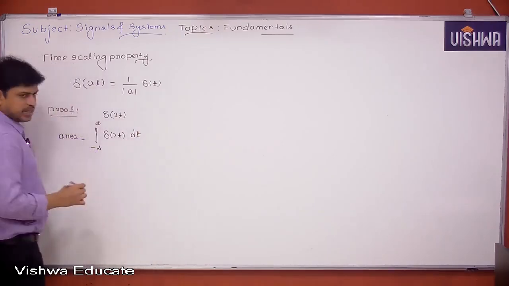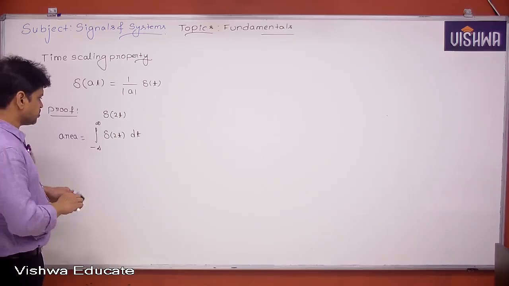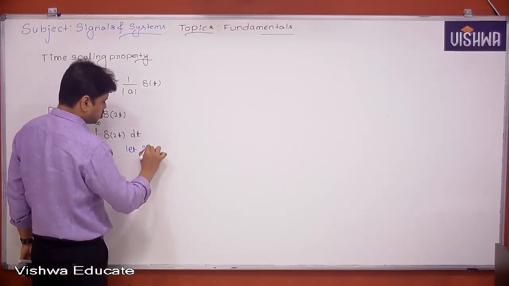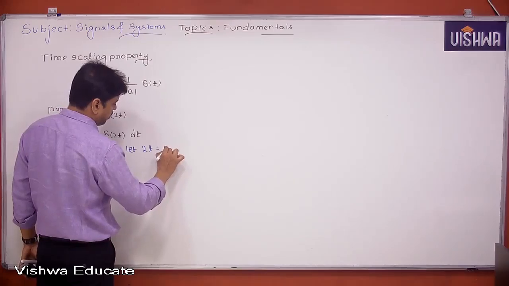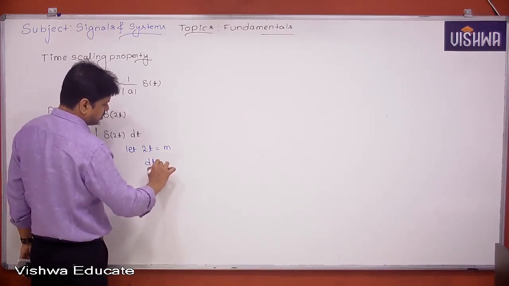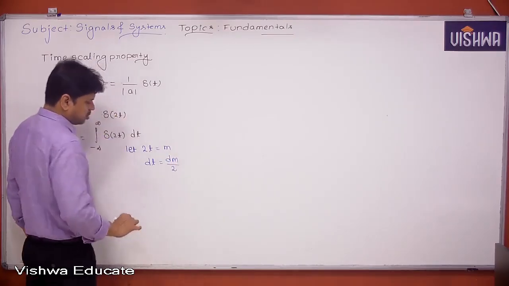This is the area definition. Area means integration. Let 2t be equal to some m. Then dt is dm by 2.